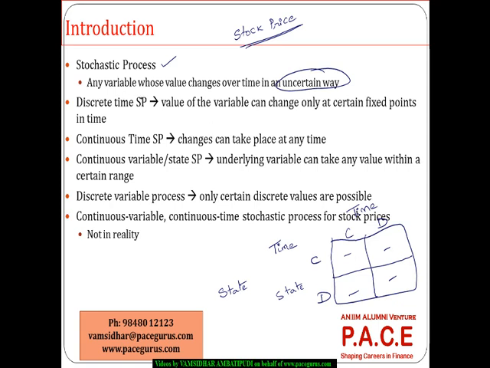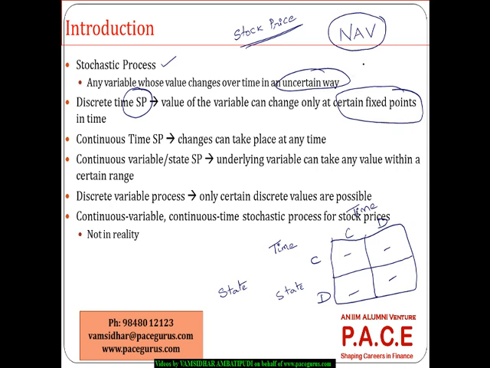Now, first of all, understanding what these are. When I say discrete time stochastic process, the value of the variable, let's say the stock price, changes only at certain fixed points, let's say only at the end of the day. For example, the NAV of a mutual fund changes only at the end of the day, and I don't know in what way it is going to change.